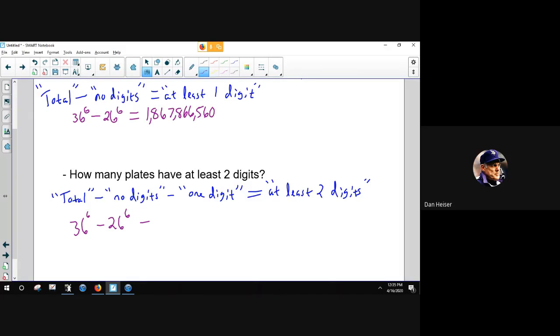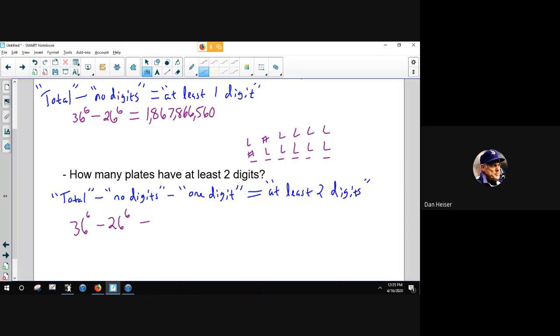Now I have to calculate one digit, the number of license plates that have one digit. So let me take a look here. Here's my license plate, and this could be number, letter, letter, letter, letter, letter, or this could be letter, number, letter, letter, letter, letter, and so on.